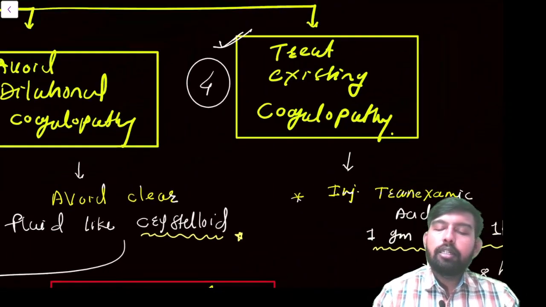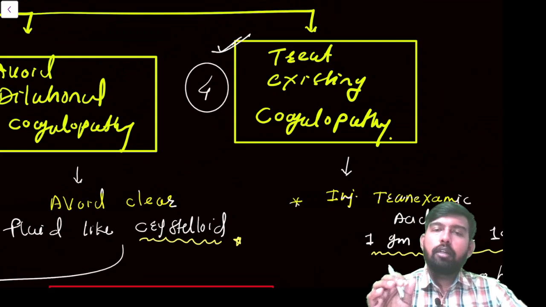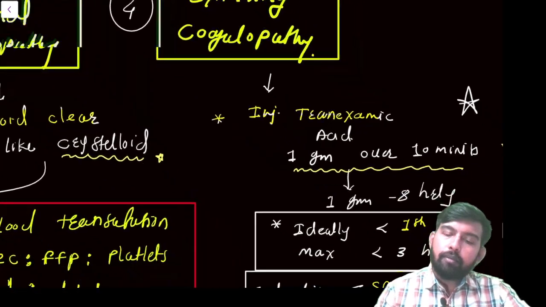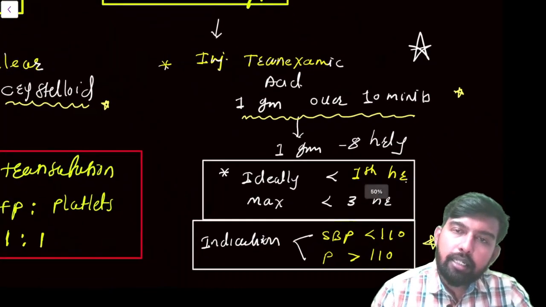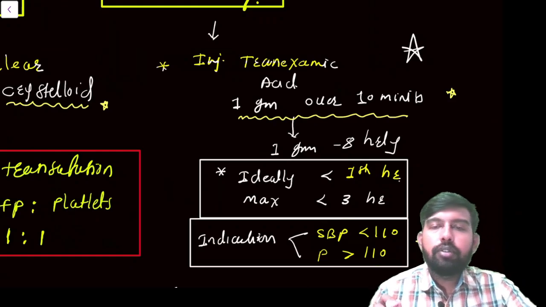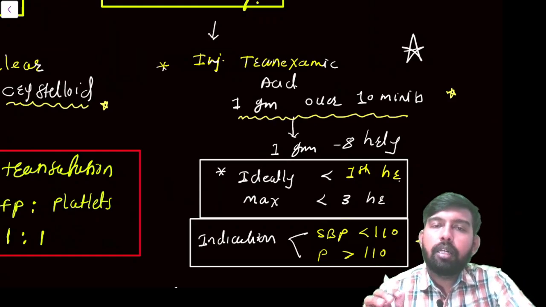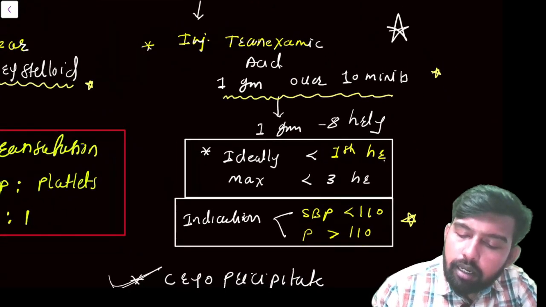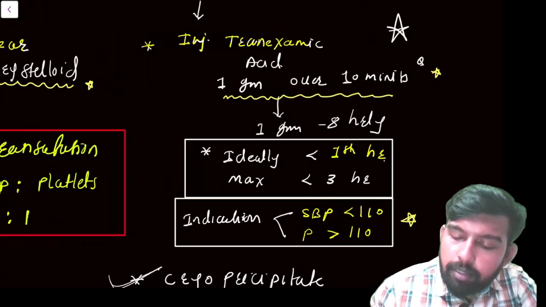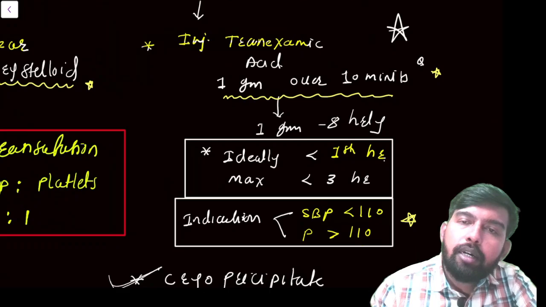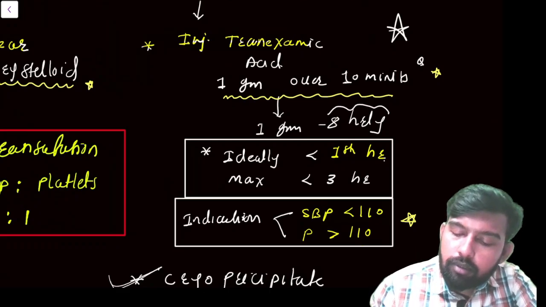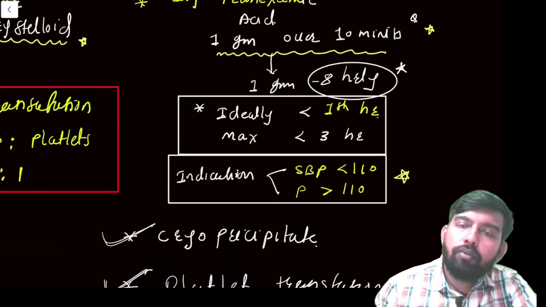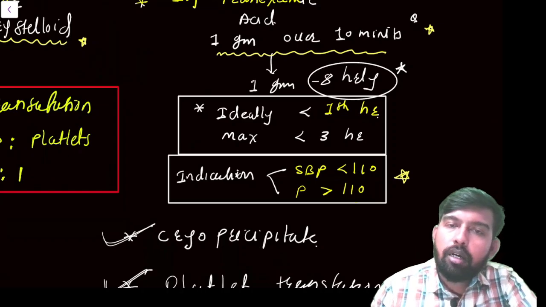And the last component is the treatment of the existing coagulopathy. This could be treated by injection tranexamic acid, which is given to all the trauma-induced hypovolemic patients. It is given as 1 gram over 10 minutes and repeated 8 hourly, and ideally it should be given within 1 hour of the trauma.